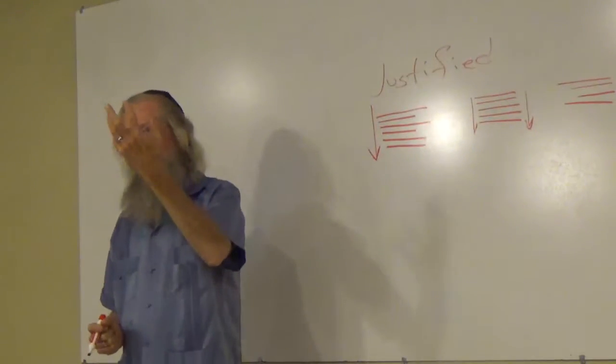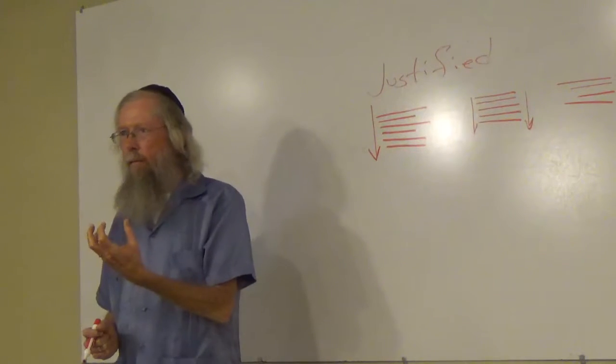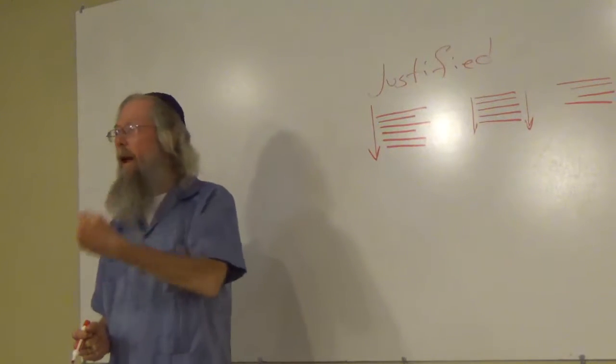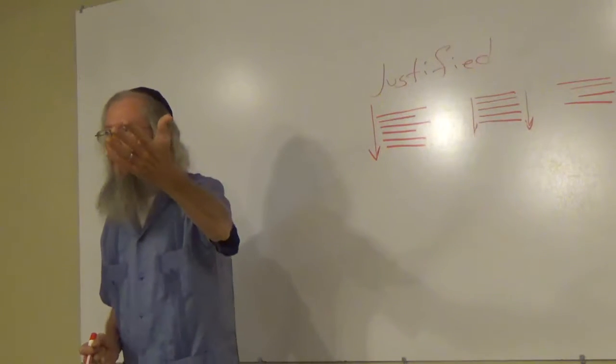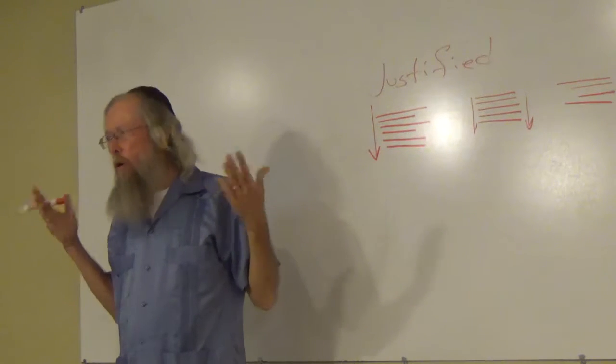The Ruach HaKodesh, the Spirit of God, knows what you should be praying for. Therefore, when you don't know what to pray for, He knows, and He prays on your behalf. What do I do? I lose myself in the will of God and say, what? Your will be done.